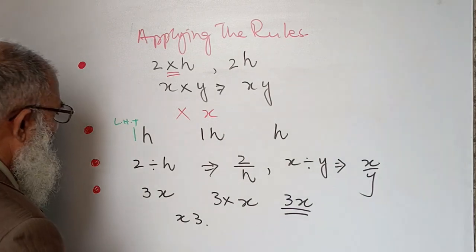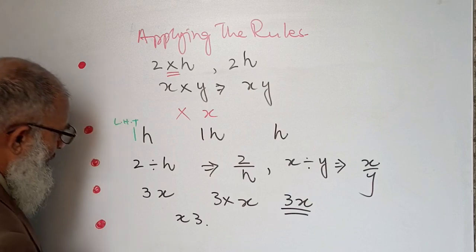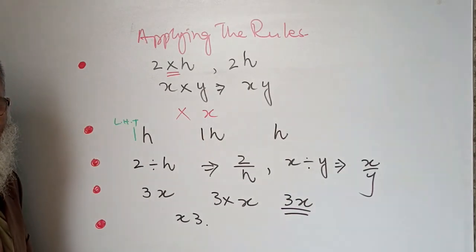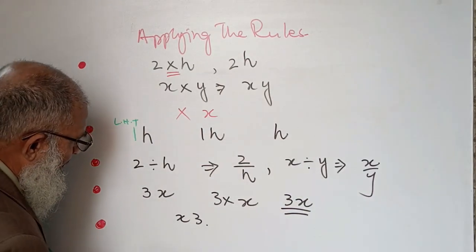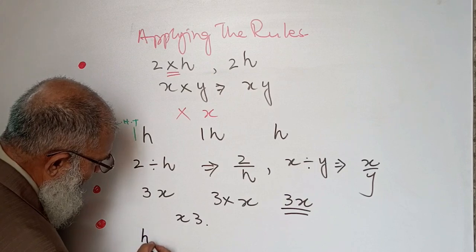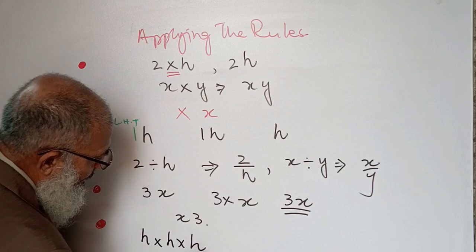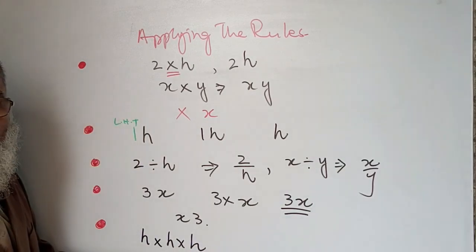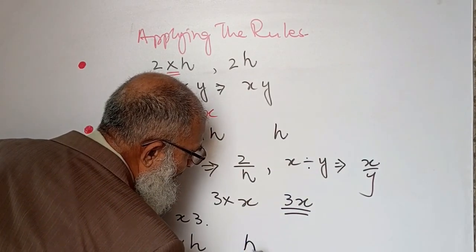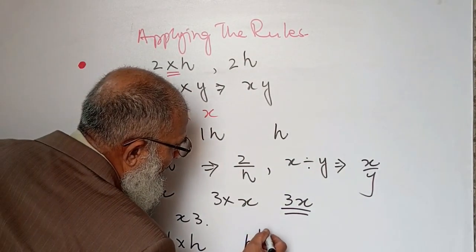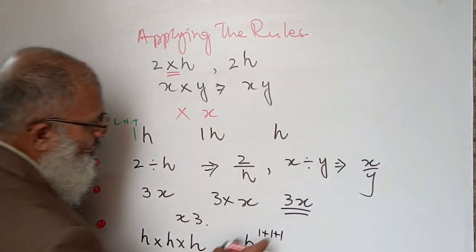Now there is a rule for power, base and power. I have already told you in my lecture that if it is written like this, h multiplied by h, it means that when the bases are the same, you have to write the sum of the powers over here.